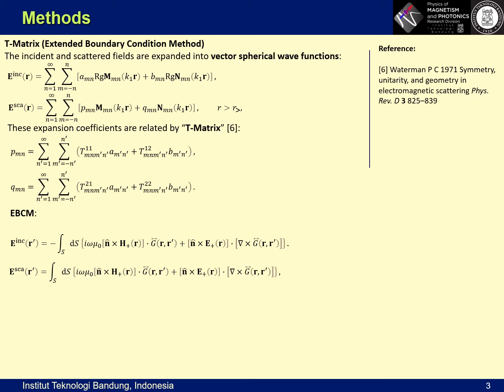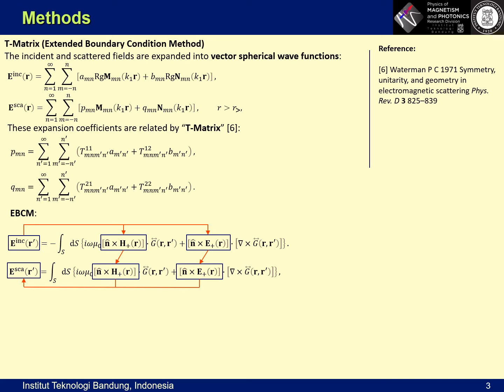To get the general idea, first, after we have the incident field, we can calculate the transversal component of the electromagnetic field on the surface of the particle. And then we can substitute it into the scattered field equation to get the scattered field.